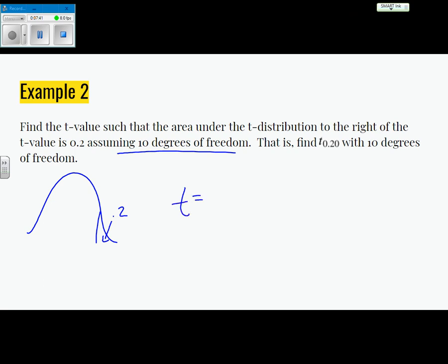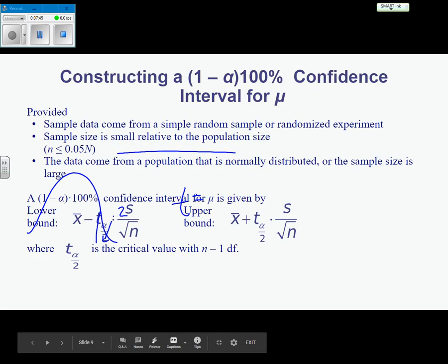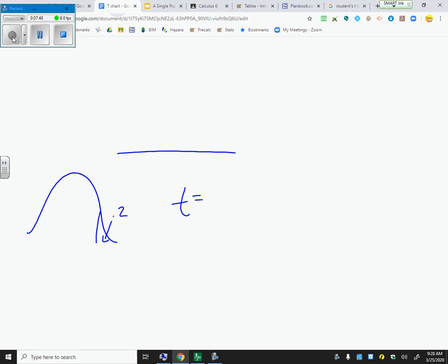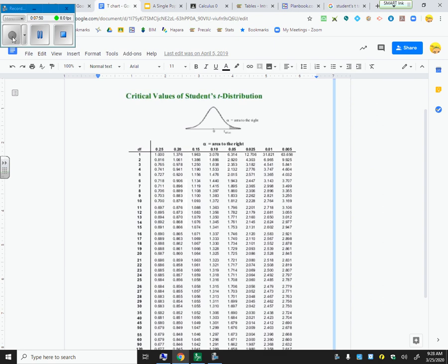So let's look at that table that I have included. It says if I have 10 degrees of freedom, first of all, I'm going to be looking at this line. A lot of differences on my t-table versus my z-table. I've got my degrees of freedom running down the left side right here, and I have the most common areas that I will want to use running down the right side.